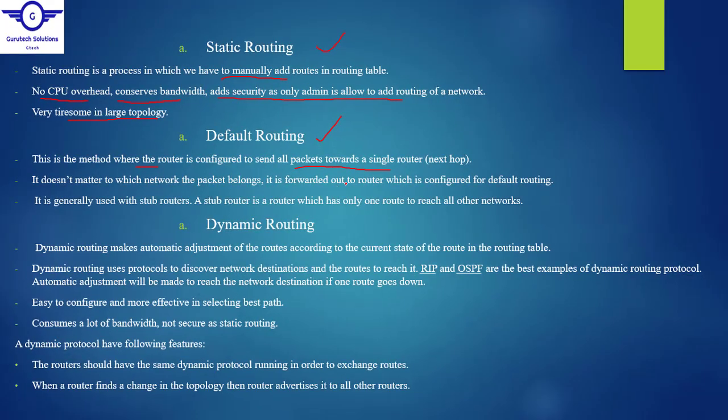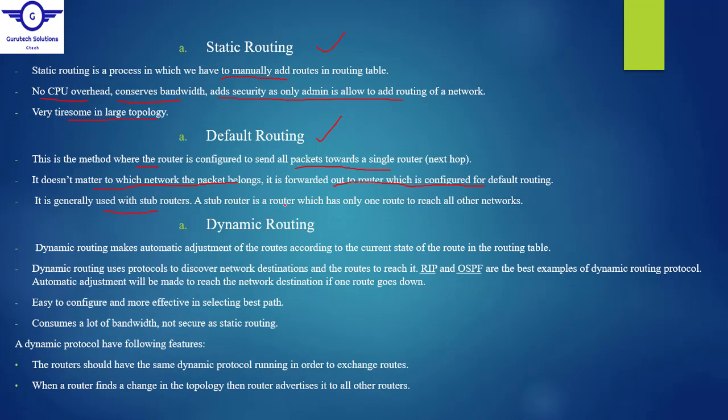We forward all the traffic to a single router known as the next hop. It doesn't matter to which network the packet belongs. It's forwarded out to a router which is configured for default routing. It generally uses stub routers.